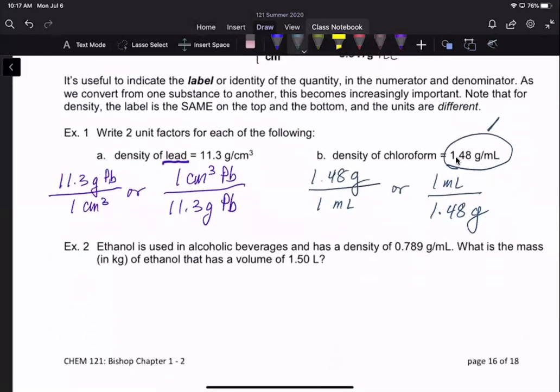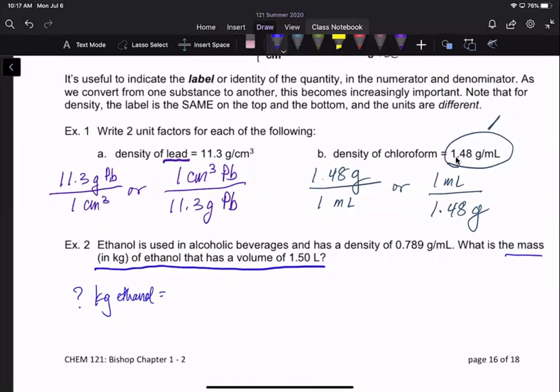All right, so let's do that here using dimensional analysis. What is the mass in kilograms of ethanol that has 1.50 liters? So how many kilograms of ethanol, and this is all ethanol, so it's not as insightful to use the labels. How many kilograms would it be if we had 1.50 liters of ethanol?